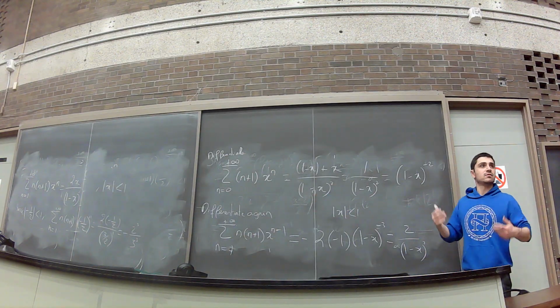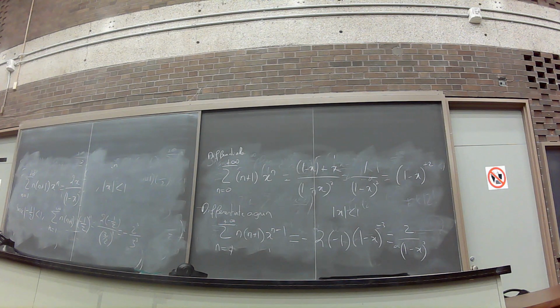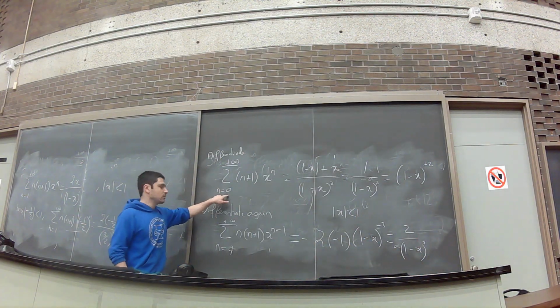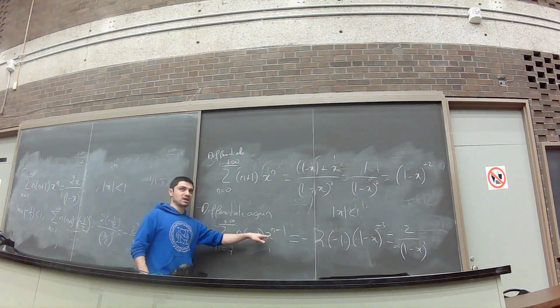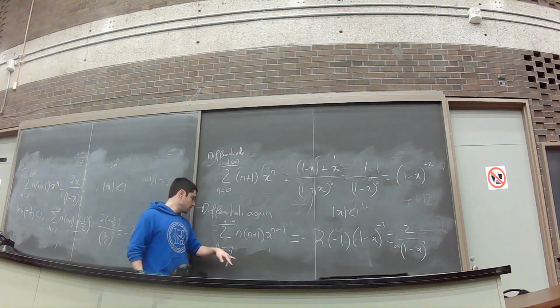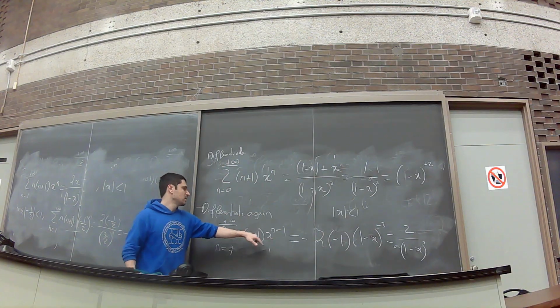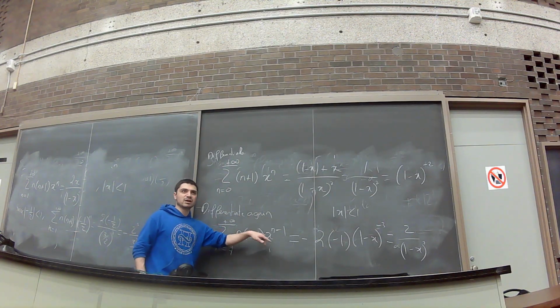So you can expect a question like that, for example. This is a fair question, fair multiple choice or long answer. Yes? Okay, so the idea is that if you start at 0, you get n times n plus 1 times x to the n minus 1. Plug in n equals 0, what do you get? 0 times n plus 1 times x to the minus 1.